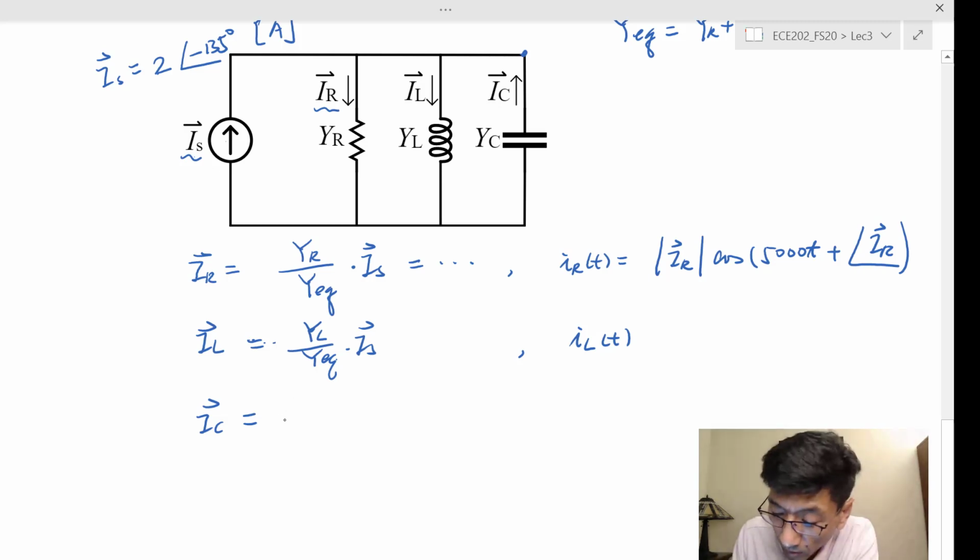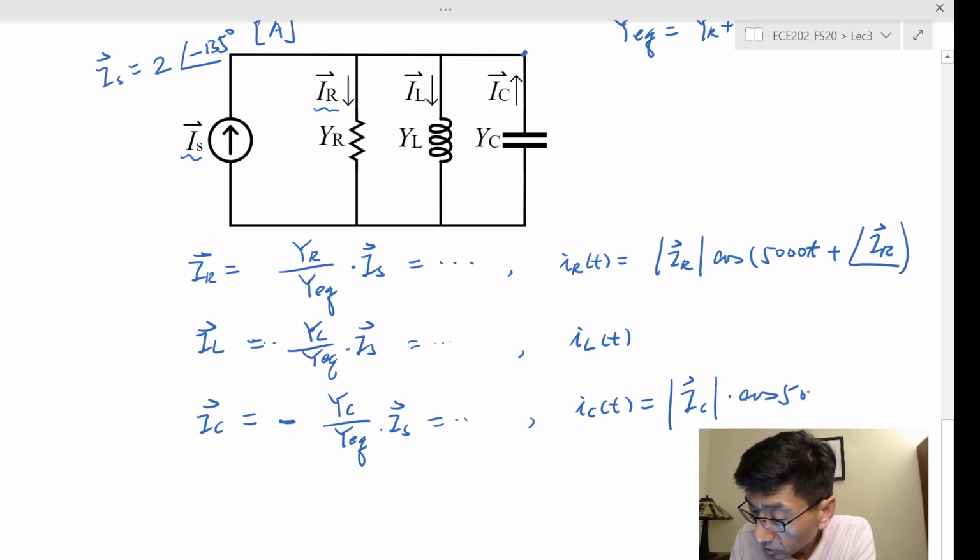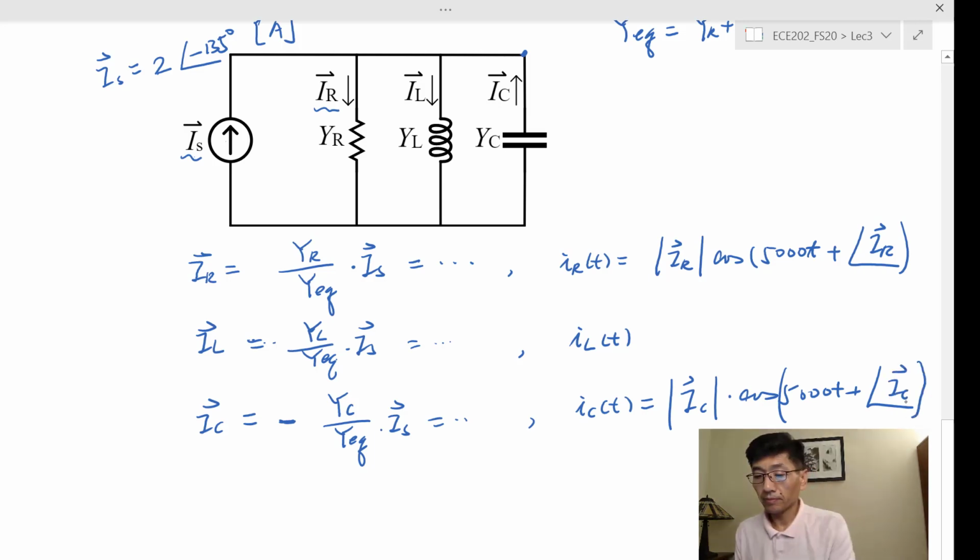So therefore, in this case, we need a negative sign there, and Y sub C over YEQ times I sub S. And whatever the number is, you can convert that to polar form, and then your i sub C of t is going to be equal to the magnitude of I sub C times the cosine of 5000 t plus the phase angle of I sub C. Okay, so that's the simple example of the parallel connection.